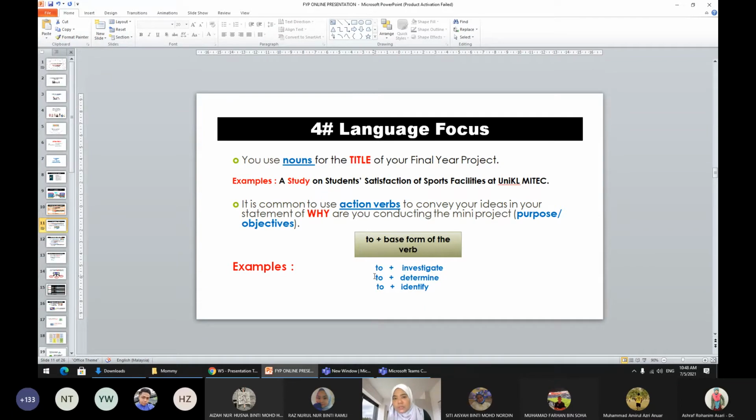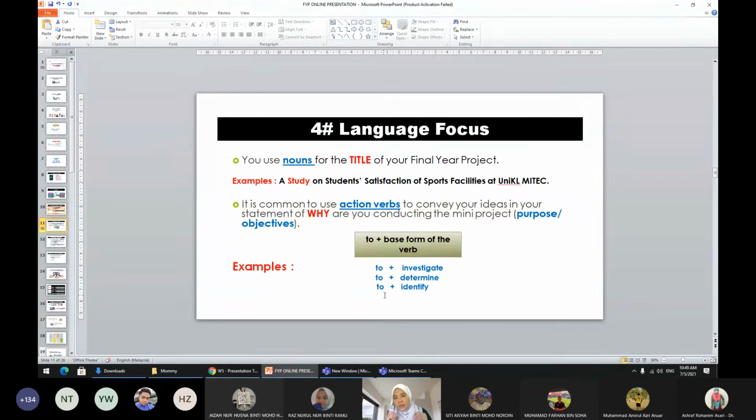So to plus verb. What's your final year project objective? What's your research objective? I want to investigate. To investigate of yada. To determine, untuk menentukan, to identify the problems related to sport facilities, right?